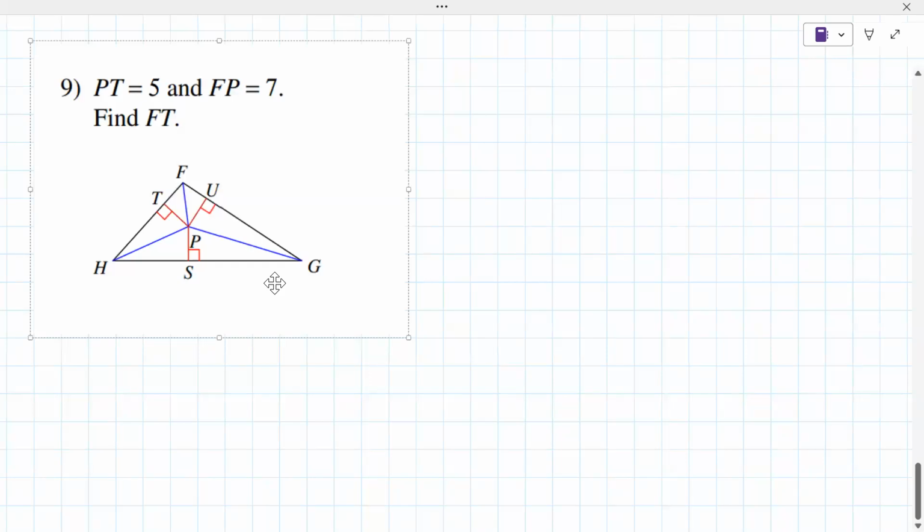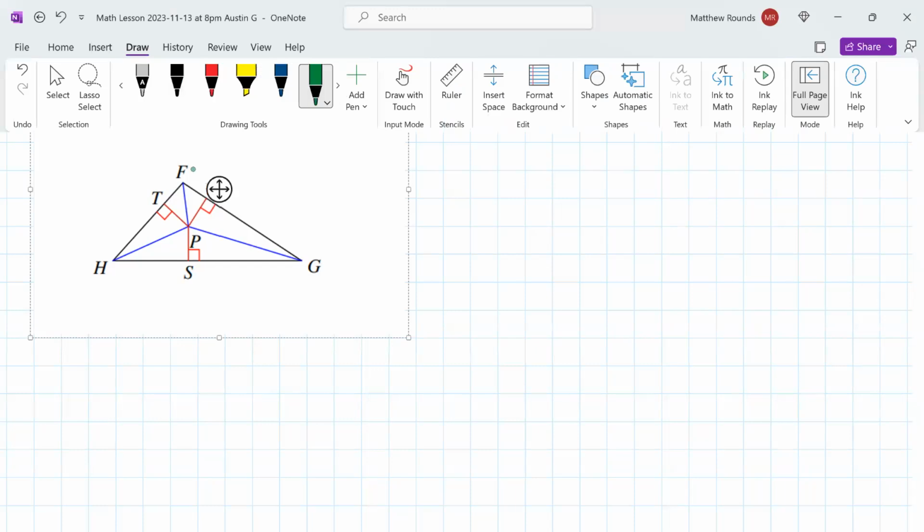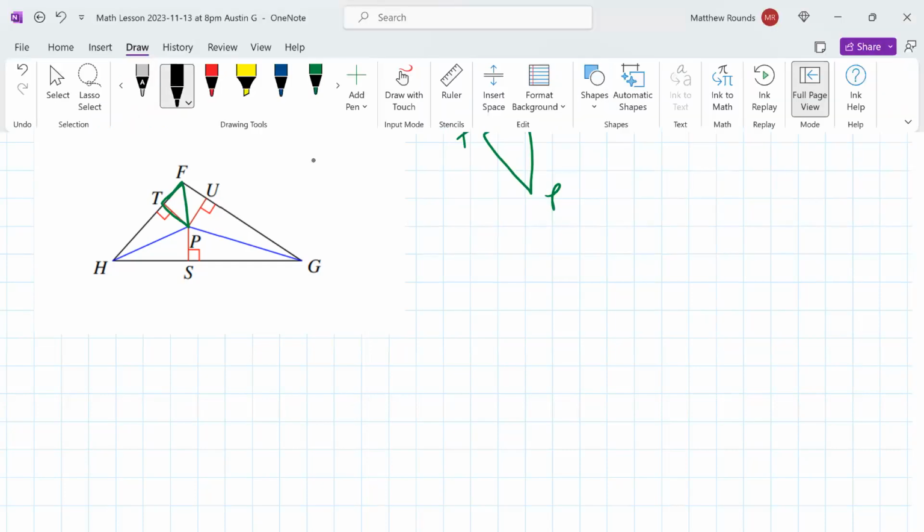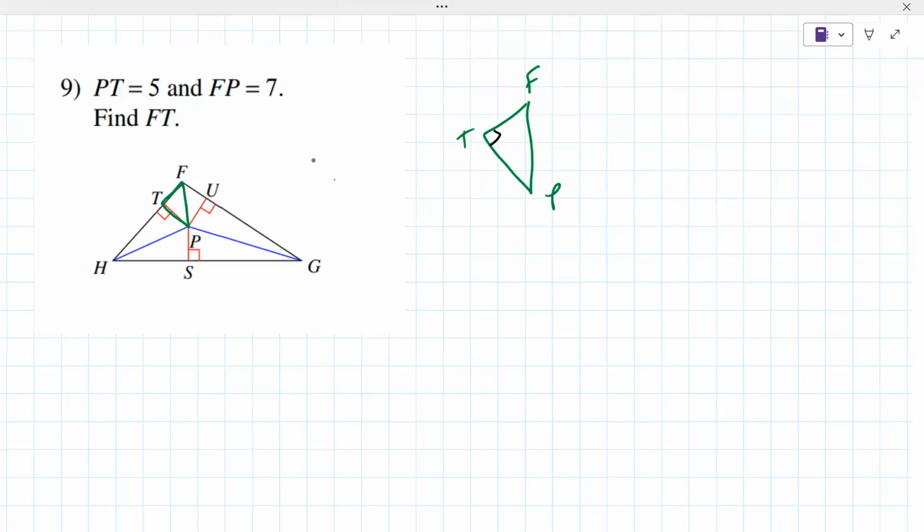So PT is 5, FP is 7. They want you to find FT. So it's this little triangle here. So it's PT.